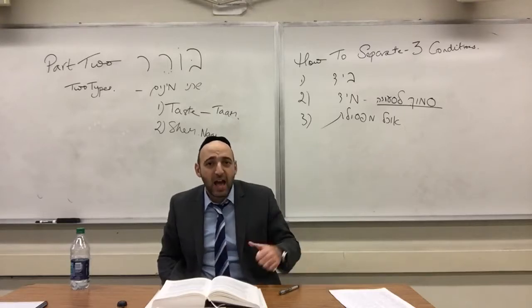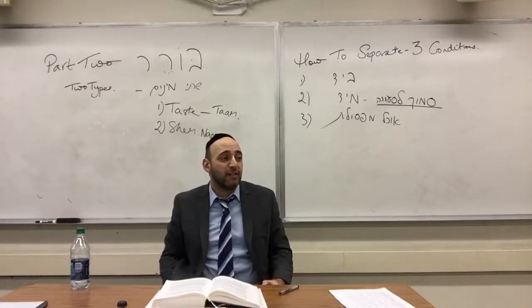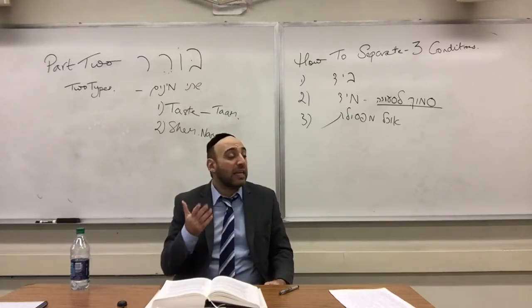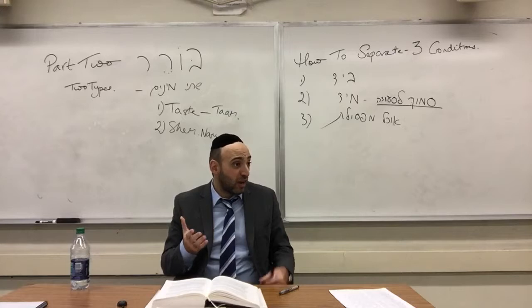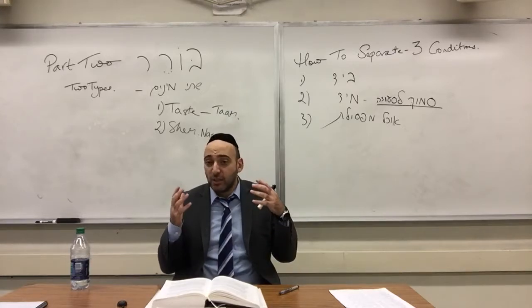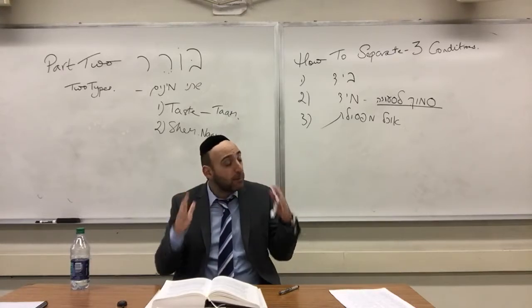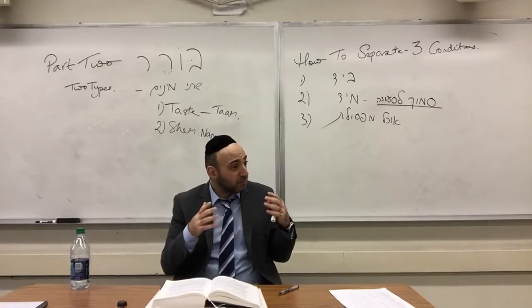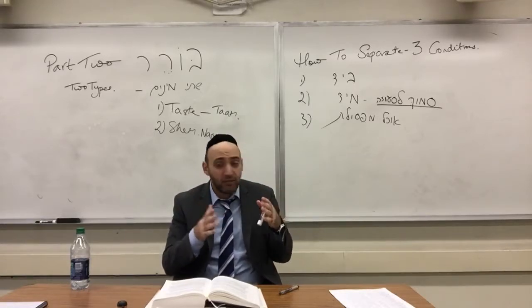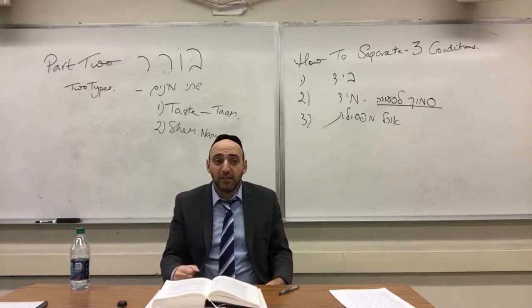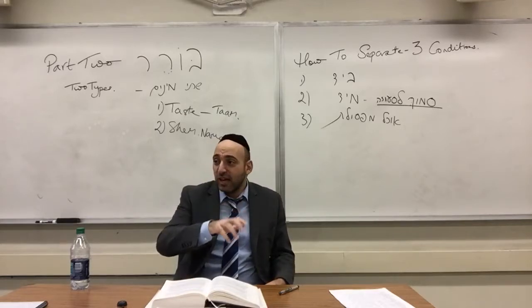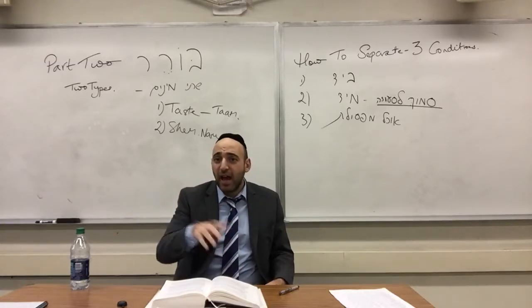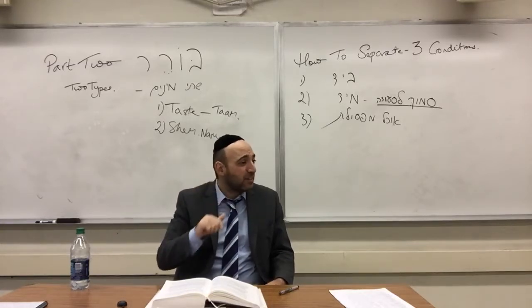For example, I have a box of matzah, and inside the box there are broken pieces and whole pieces, and I want lechem mishneh. Lechem mishneh means you have to have whole loaves of challah or whole complete matzah slices in order to fulfill the mitzvah of lechem mishneh. Two complete loaves for every time you say motzi on Shabbat. So I'm going to go into the box and pull out the broken pieces. I don't want them, in order to eventually pull out the whole pieces that I do want.